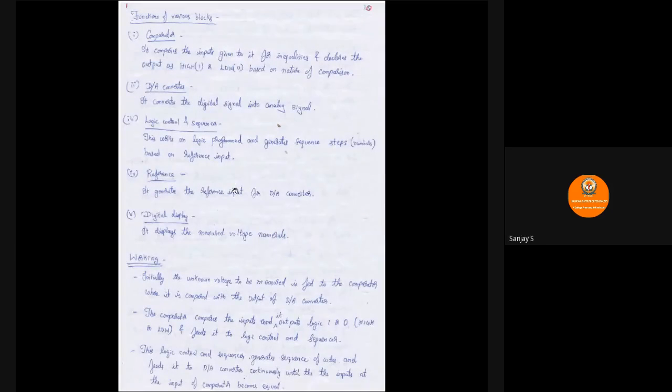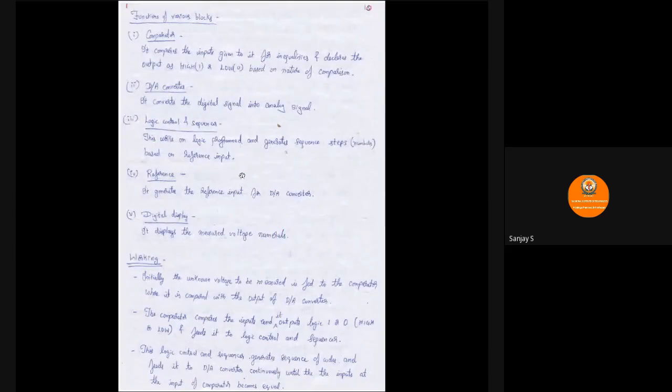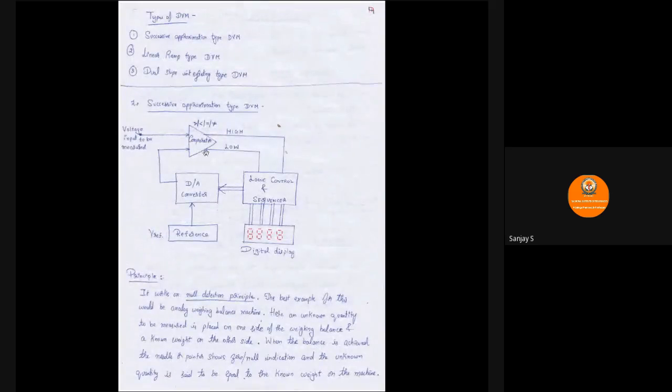Here we have the various blocks. The comparator basically compares both the inputs and declares high or low based on the nature of the comparison.